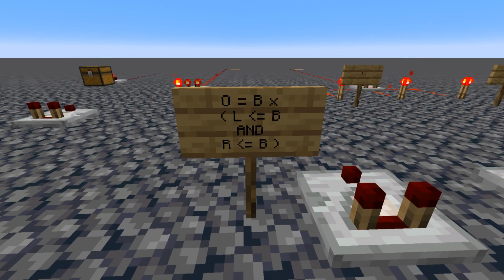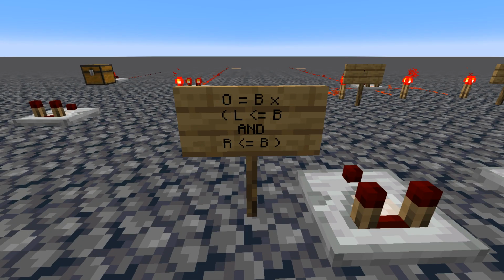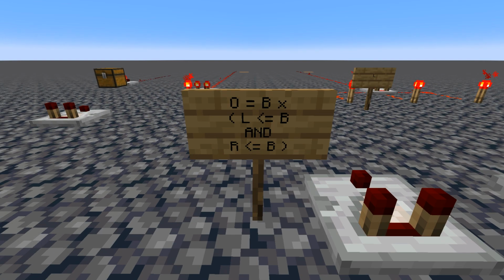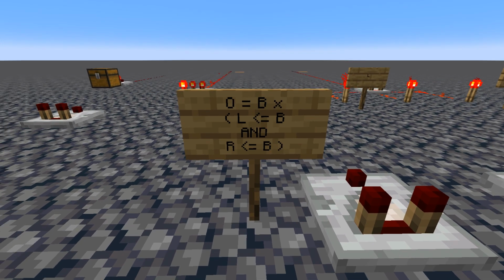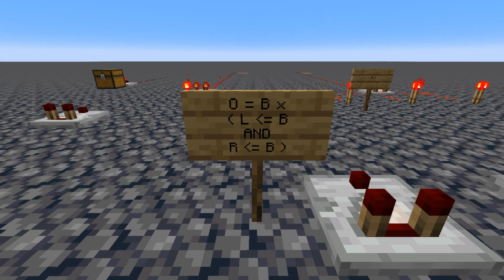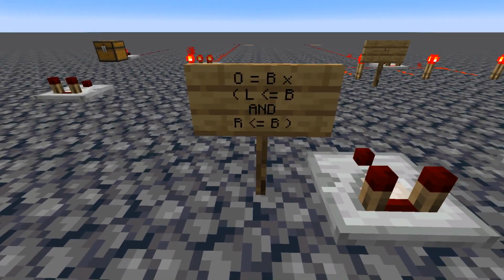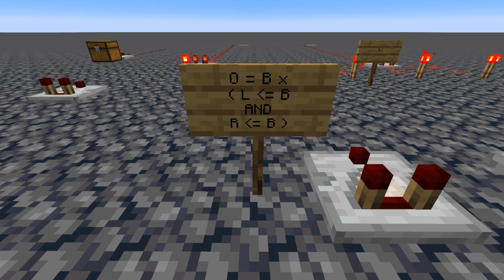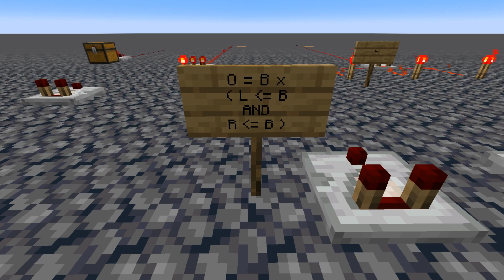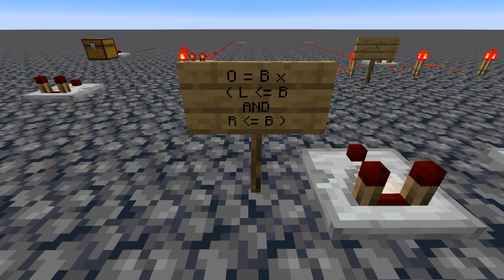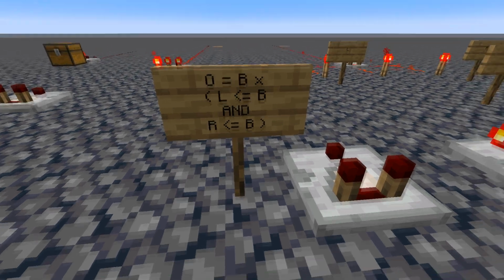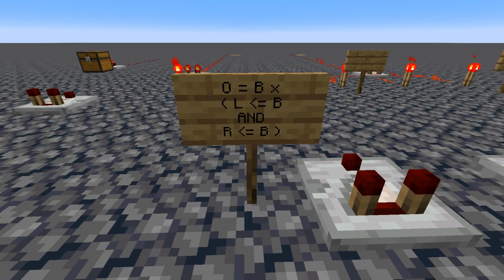It takes the left signal strength and checks if it's less than or equal to the back signal, and it then checks the right signal and whether it's less than or equal to the back signal. If these both are true, this AND comparison will return 1.